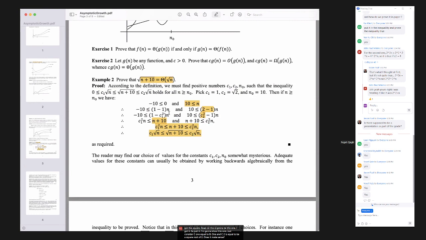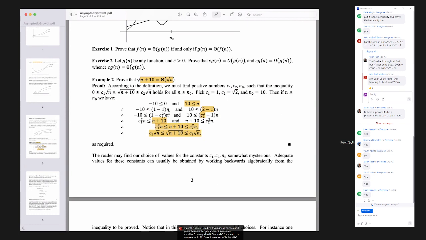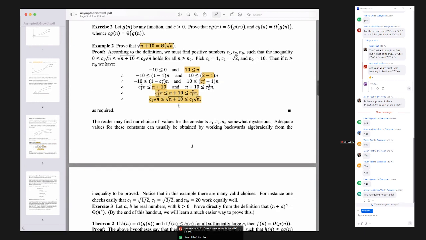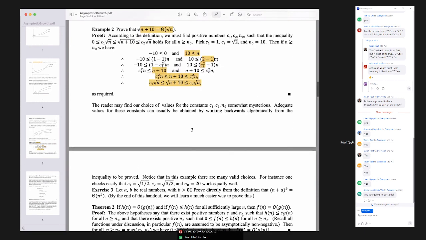Is this clear? I think it's clear. But another person, maybe start with what you can do as an example. Let's try this one. I'm going to post this one. Let's try with n naught equal to 20. Do the exact same math as I did here, and then you will see you end up with different C1 and C2.